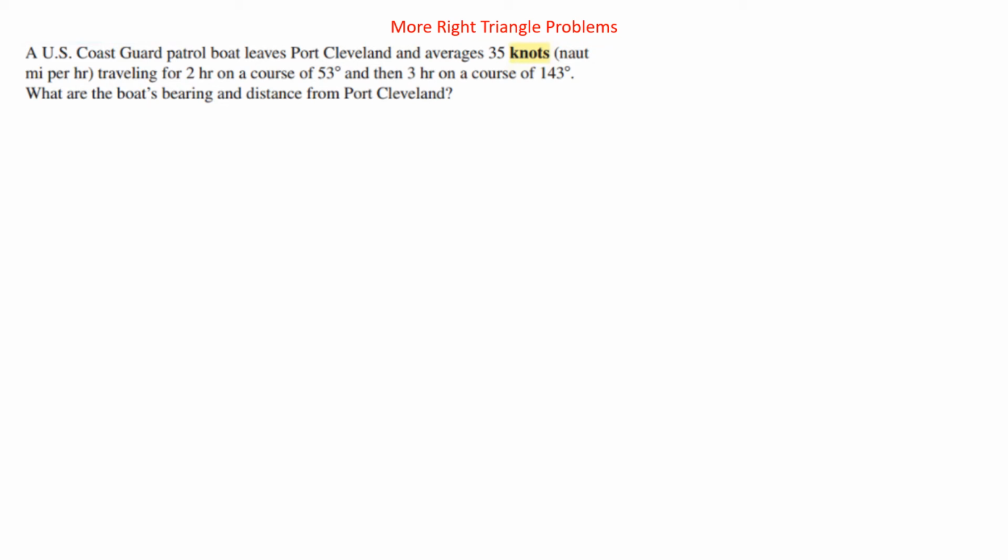So, starting out with drawing a picture, and then we leave on a course of 53 degrees. So, if we take that vertical line, our course is going to be 53 degrees from that vertical. And then, after a while, we are in a course of 143 degrees.